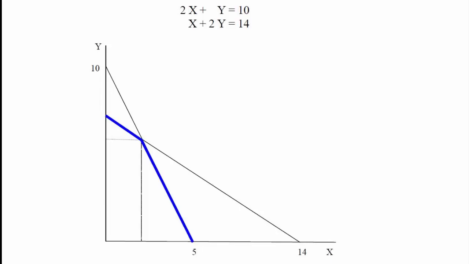Notice that even though we started with larger coefficients, we could have scaled these down. For example, we could have divided the first equation by 2 to obtain 2x plus y equals 10. And the second equation, when divided by 5, gives us x plus 2y equals 14.